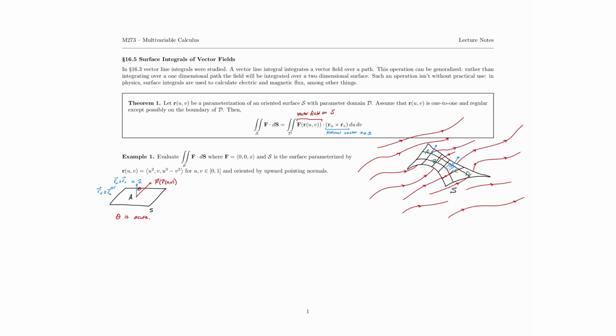Because remember, the only difference in this order versus this order is whether our vector is pointing in this direction or if it's pointing downward. So let's say for this example, this upward direction is given by this order. Let's just assume that. But honestly, it depends on the problem. It doesn't matter which order, as long as you are consistent in your problem and you're following any instructions that your problem may specify.